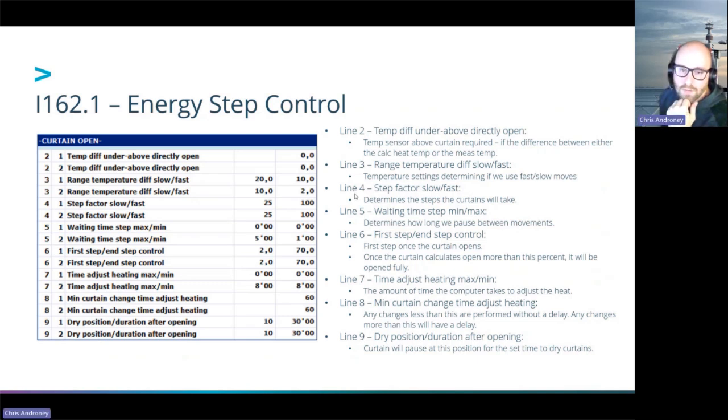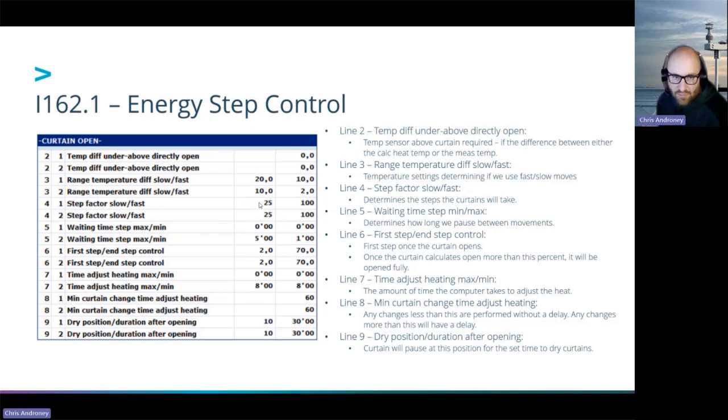Line number 4, our step factor slow fast. So depending on what we're using as far as temperature difference, slow fast, it's going to determine the steps the curtains will take. So that's in a percentage. So example on this one here, 25%.